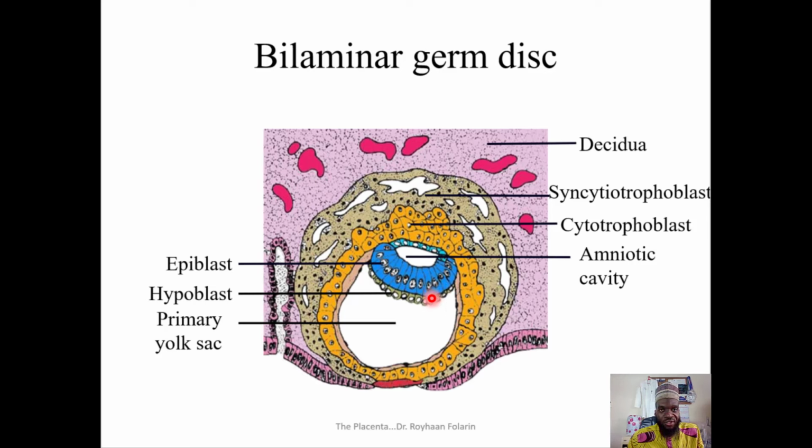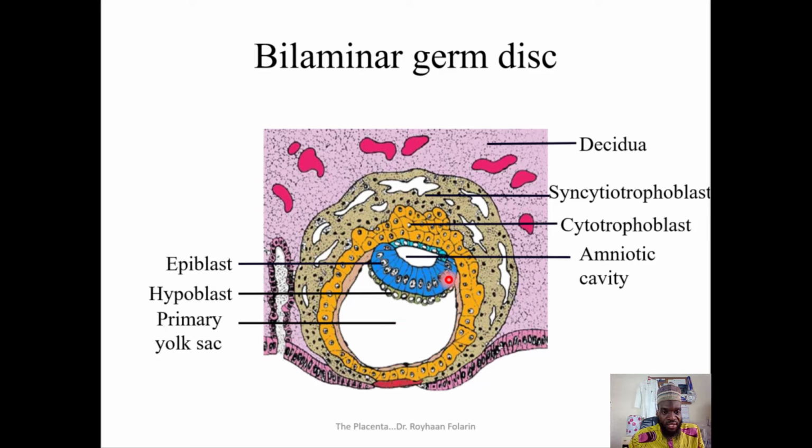Next to the inner cell mass, you have the blastocele in a space here, and then you have another space occurring within the inner cell mass, to the north pole of the inner cell mass, and that forms the amniotic cavity we can see here, and the primary yolk sac. The blastocele now becomes the primary yolk sac, which you have here.